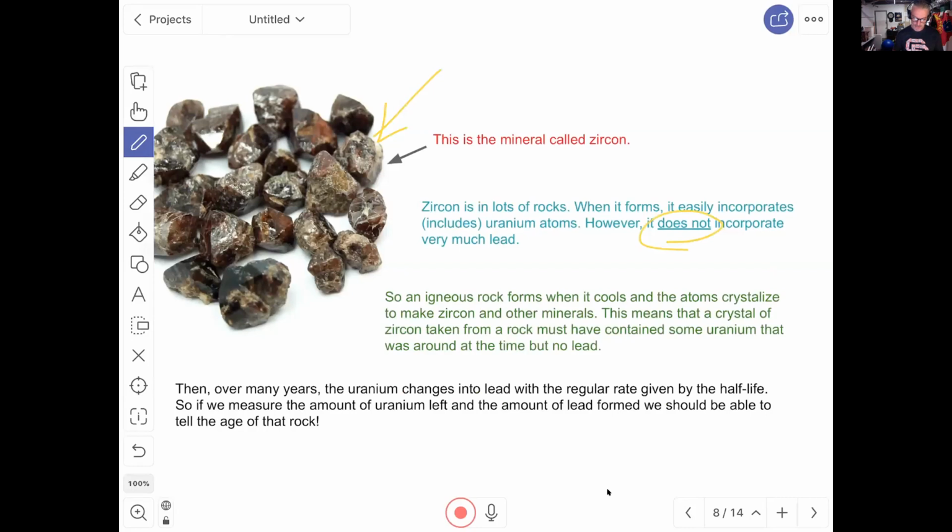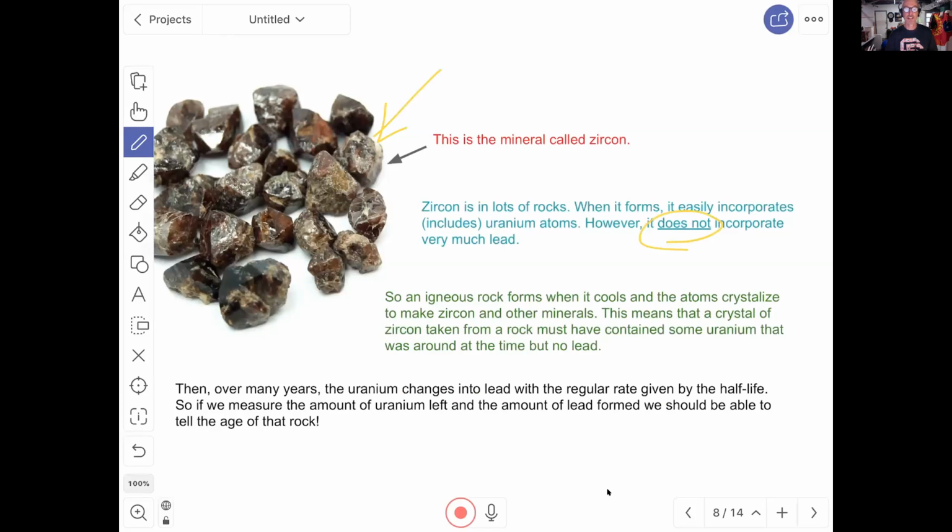So, if there is only uranium in the rock when it first forms and there's no lead, that means we can measure the amount of uranium that's left and how much lead has formed. And that's going to give us an idea of how long ago this rock formed if we know the half-life of uranium.